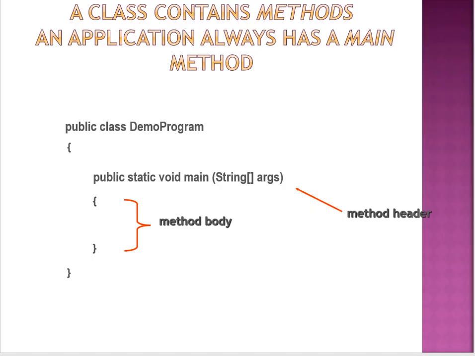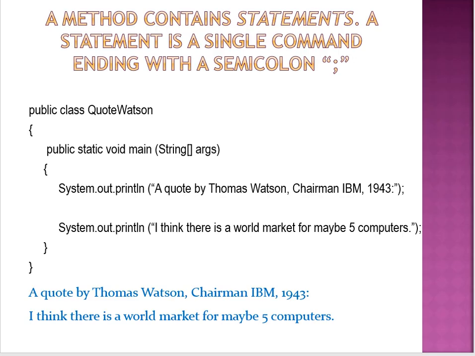Now it is in that method that we write statements that will be executed by the Java virtual machine. For example, here we have this class as our sample, CoachWatson, and it has the main method there.